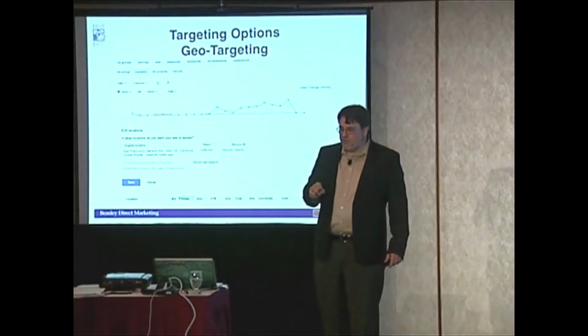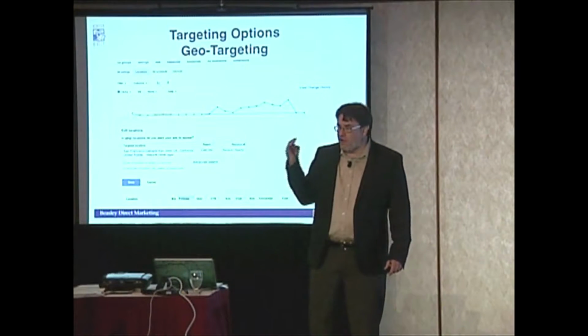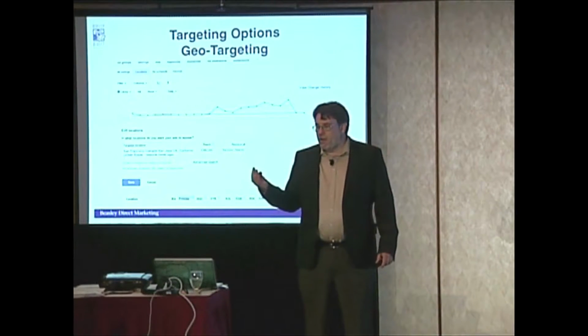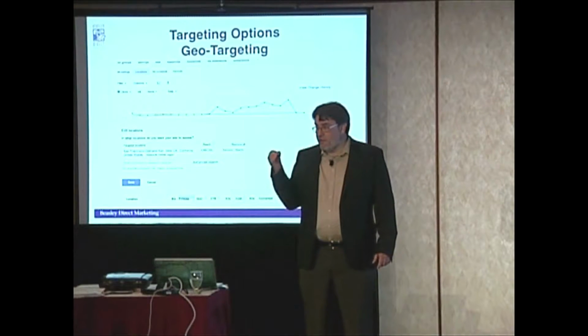Now, if you're not on a mobile phone, how does Google know? They look at a couple things. They look at your IP address and where the nearest network node is located, and then they look at your Google profile. And then they also look at the language you put into the search.